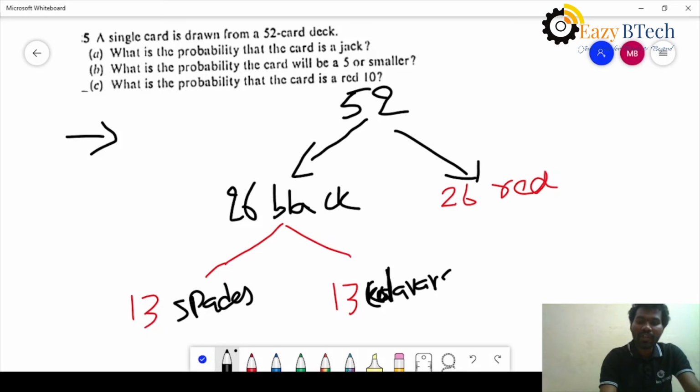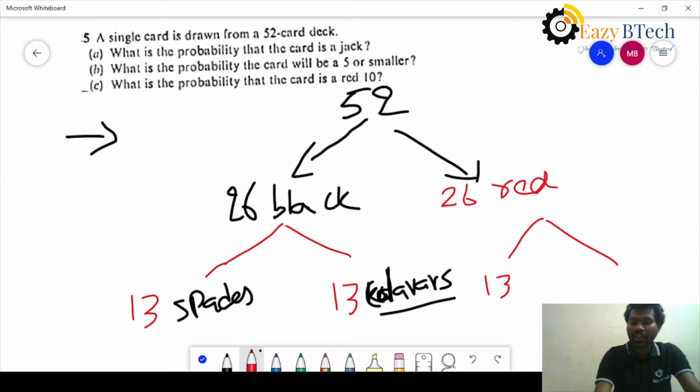Somewhere there are different names. And these 26 red cards can be divided another way: 13 diamond cards and 13 hearts.